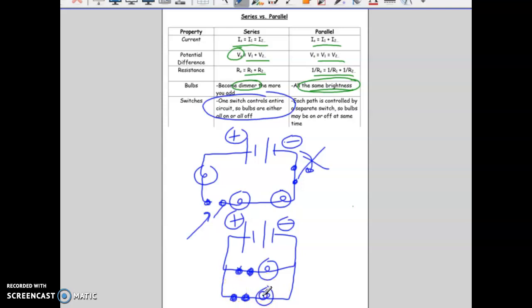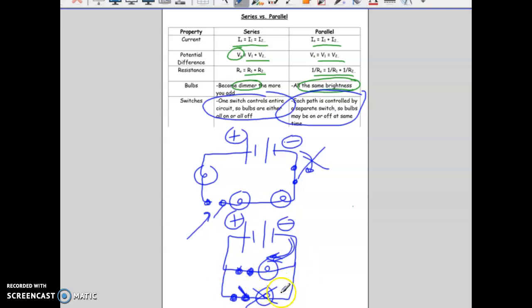So let's say this is off because I opened up this switch. The electrons can still flow on this closed switch. It's only the open path that cannot have electrons flowing. So this gives us the ability to control one line or one pathway at a time.